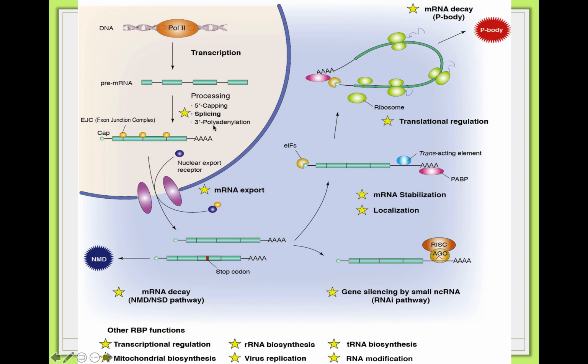So you have your cap, your poly A tail, and your exons all joined together. Then the mRNA needs to cross from the nucleus to the cytoplasm for translation, which involves nuclear export and many other mechanisms, as we have seen in earlier videos.